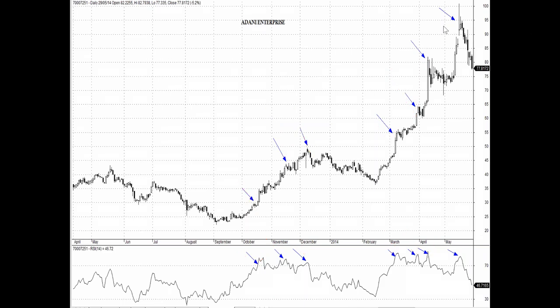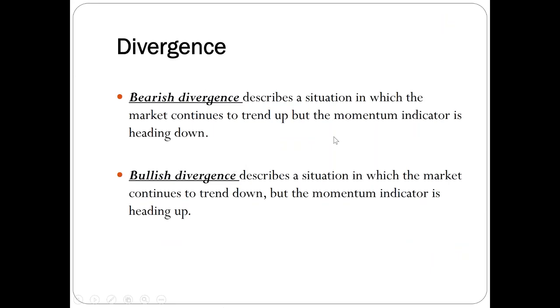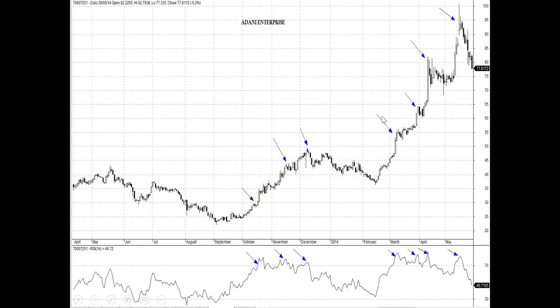Overbought, new highs. Overbought, new highs. So even if you trade with this funda, you will make money. You don't need to learn anything else. And we have not started RSI yet. I'm just giving you an introduction to the momentum indicators.